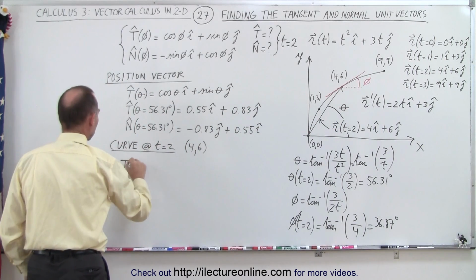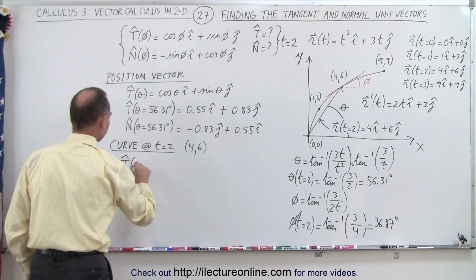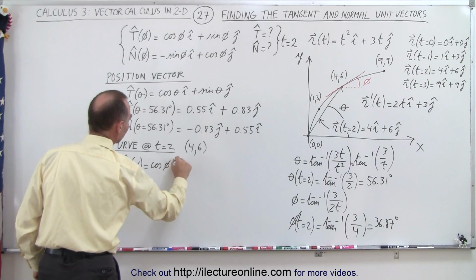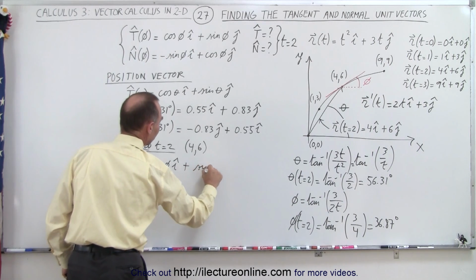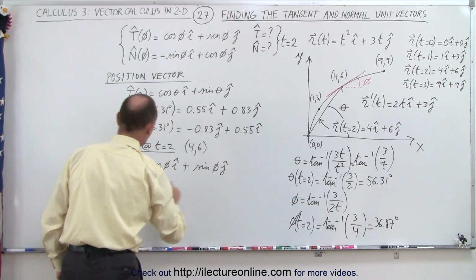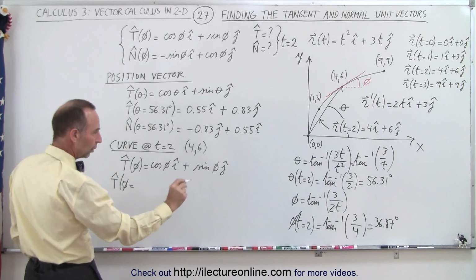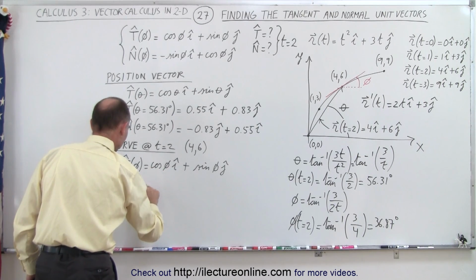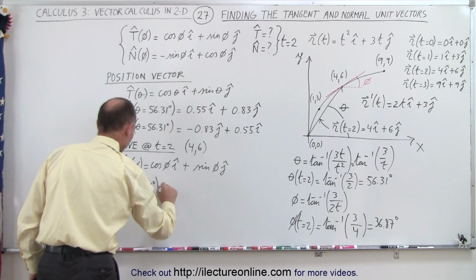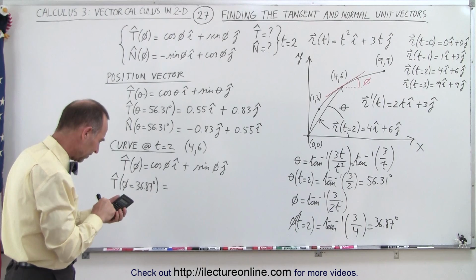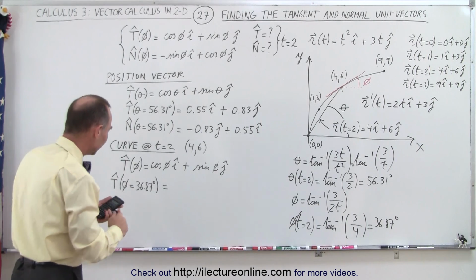So the unit tangent vector is going to be equal to the cosine of phi in the i direction plus the sine of phi in the j direction. If we evaluate that for the angle phi equal to 36.87 degrees, the cosine is 0.8.